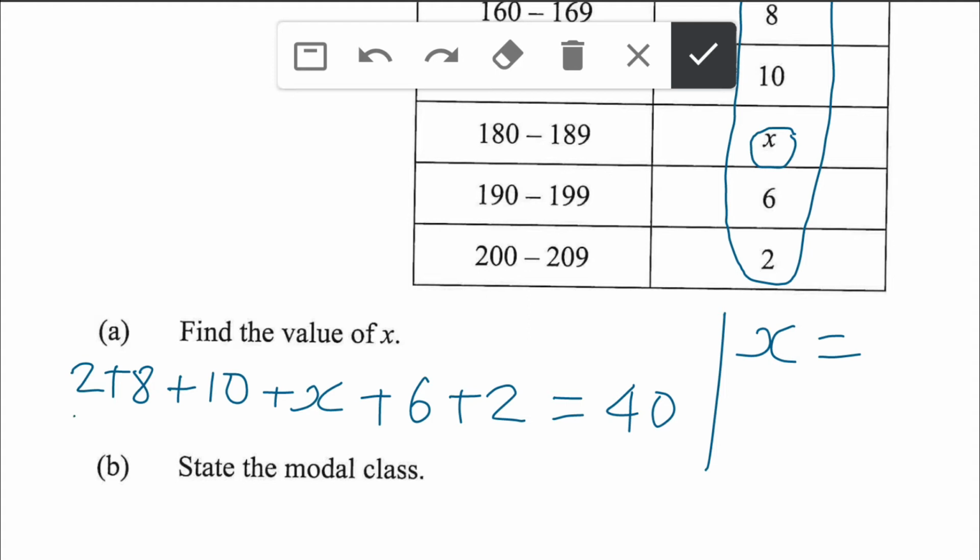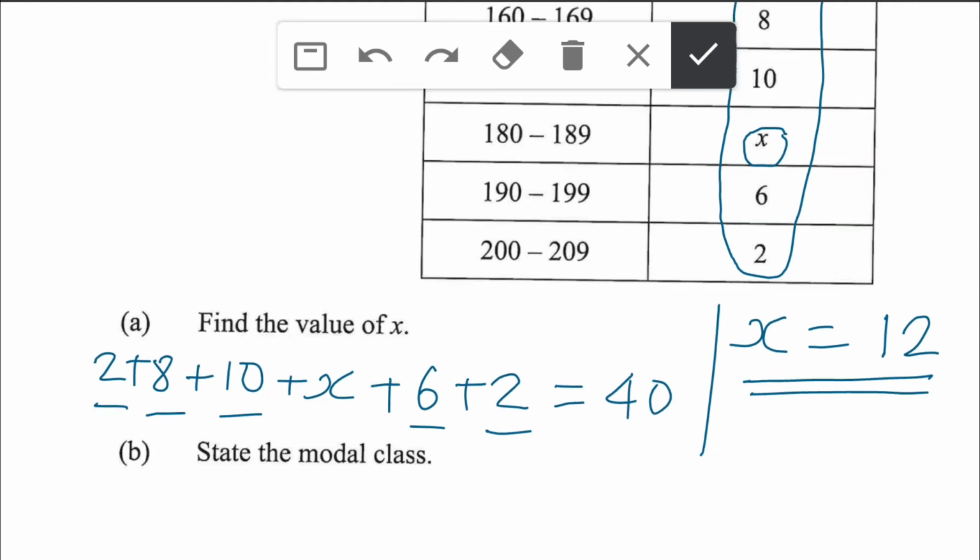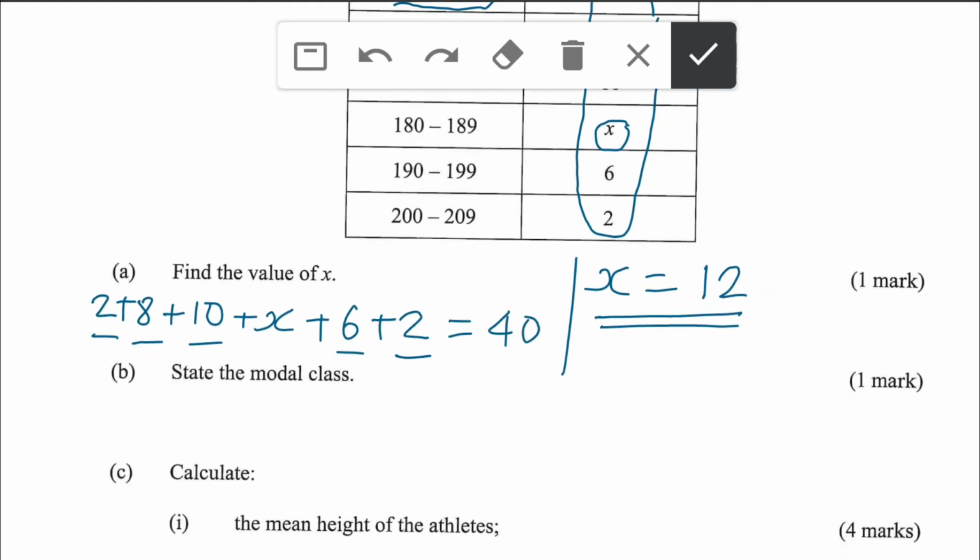We just need to add 2 plus 8, that is 10, 10 plus 10, that is 20, 20 plus 6, that is 26, 26 plus 2, that is 28. So X will simply be 40 minus 28, which is 12. So the value of X is 12.